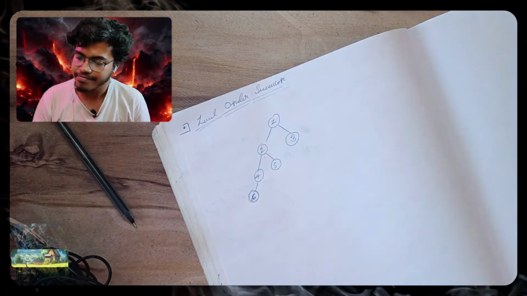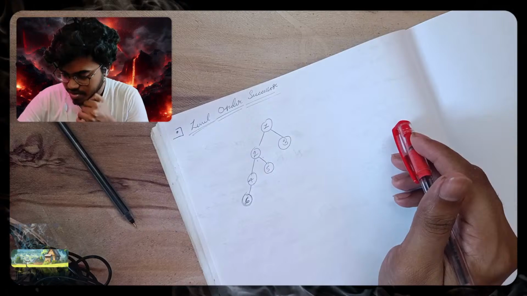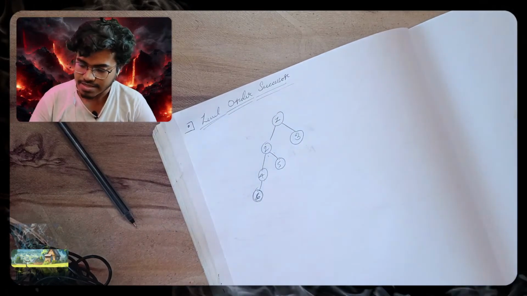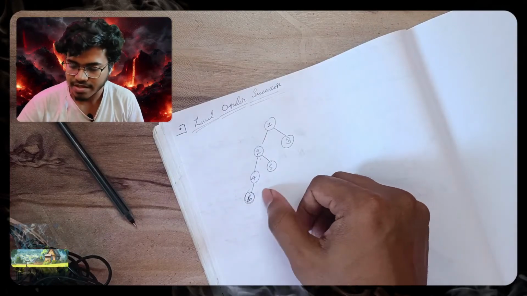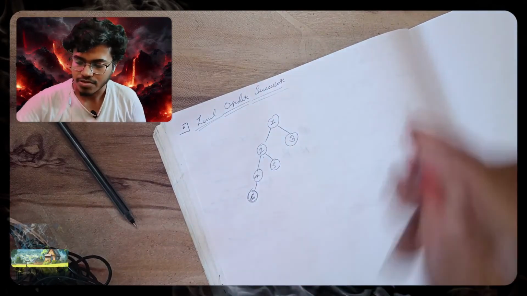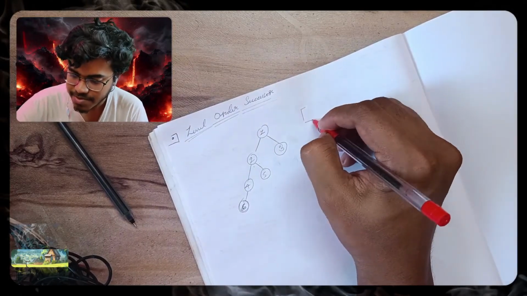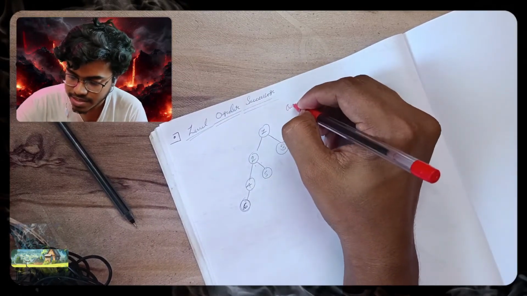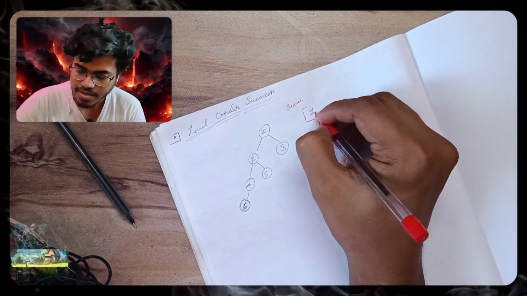The level order successor of 6 won't be anything because it does not have anything after this. So what we can do, we will make the queue. This is the queue. We will insert 1.